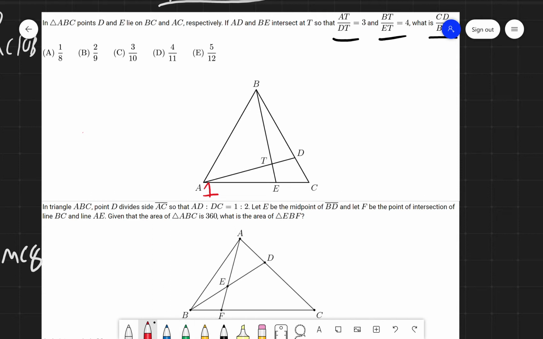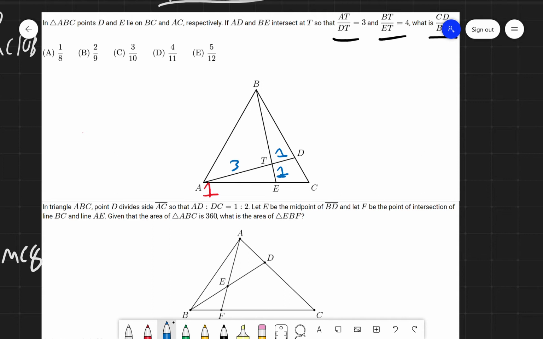There's no side length specification, so we can just say that DT equals 1, so AT equals 3. We can also say ET equals 1, because there is no relation between DT and ET.